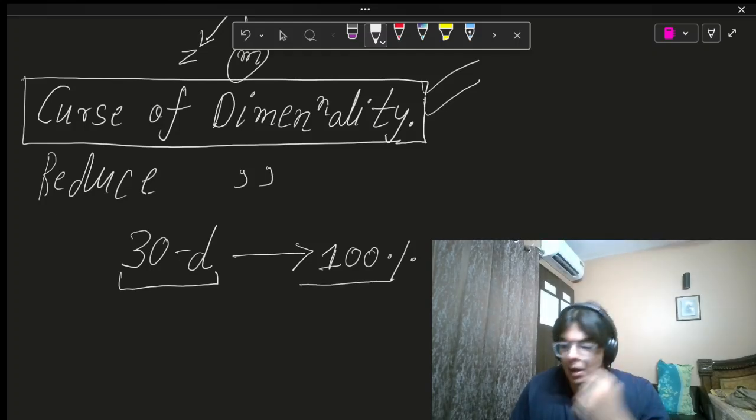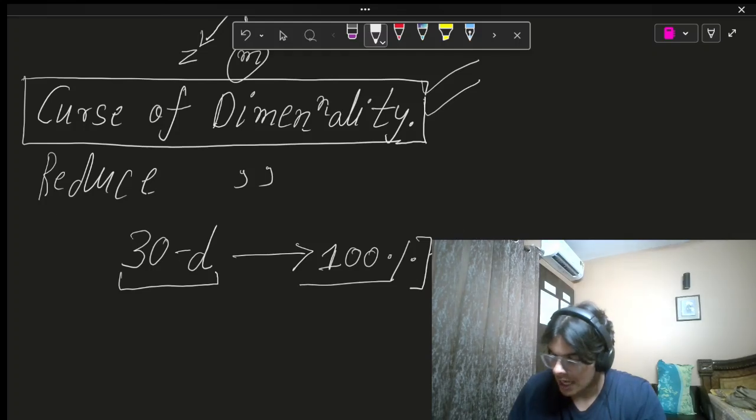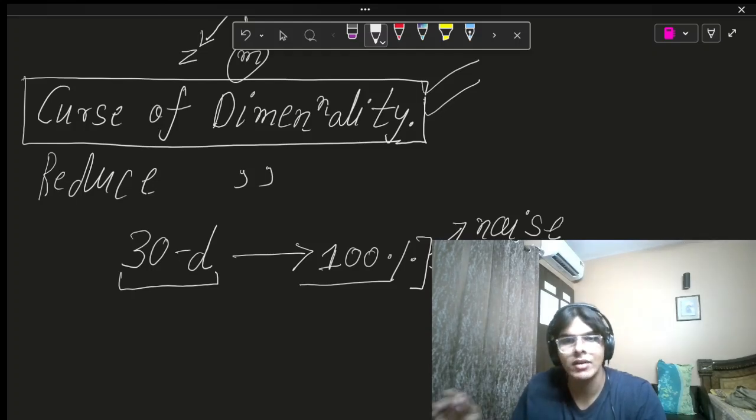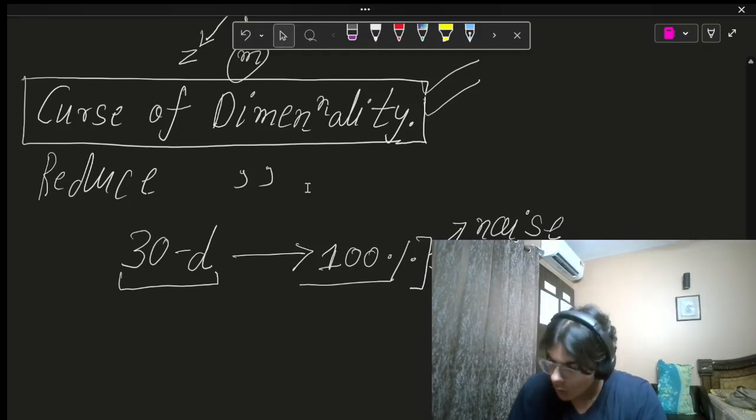But like I said, much of this information can be noise, basically irrelevant features. So much of it is going to be noise and the rest is going to be the relevant data, basically the data that consists of patterns that we want our model to learn and eventually build a high accuracy model. Okay, so what do we do?